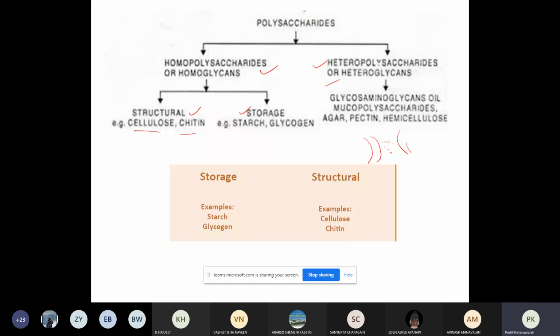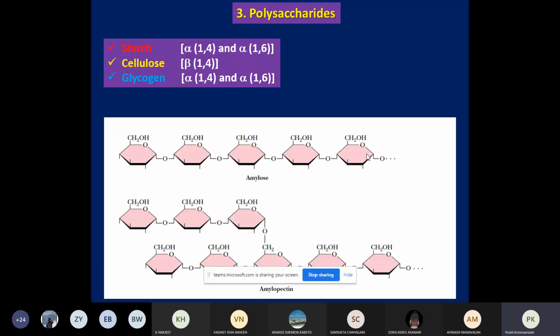They can hold the cells together and also provide shape and support to the cells and tissues. Then we discussed the homopolysaccharides starch, cellulose, and glycogen, and in addition dextran, inulin, and others.